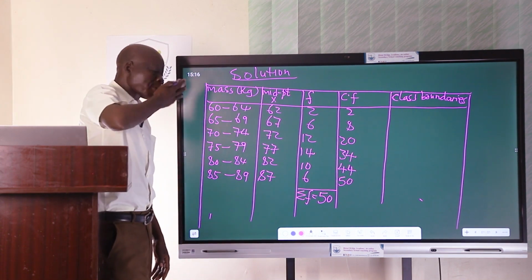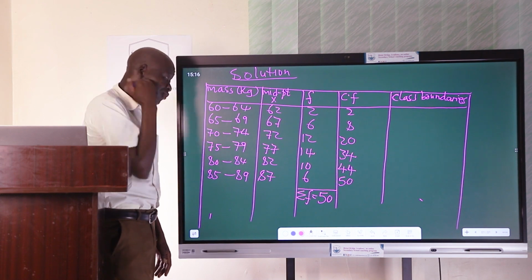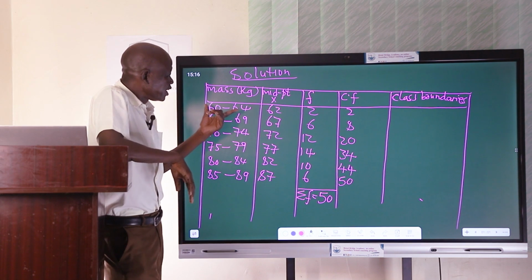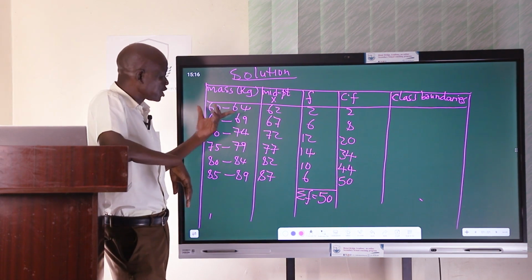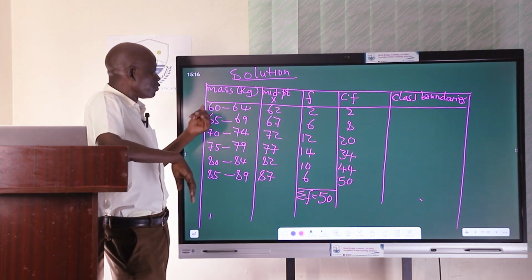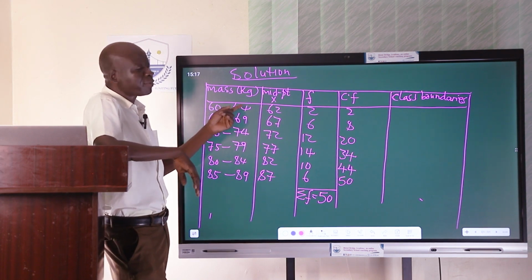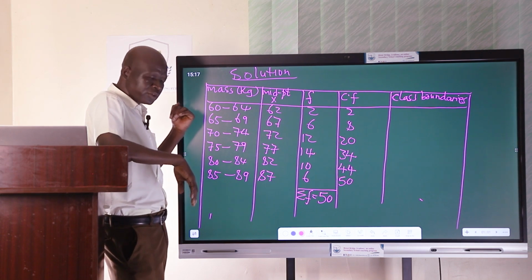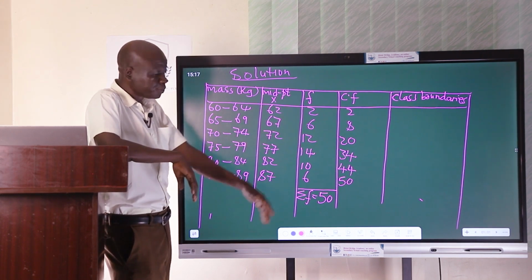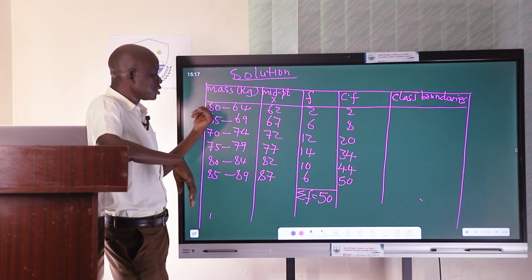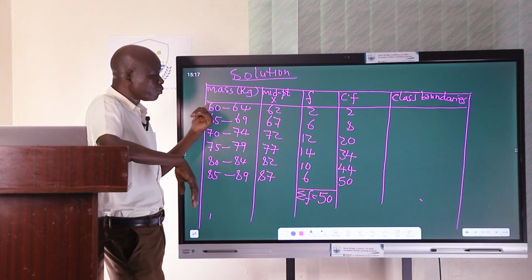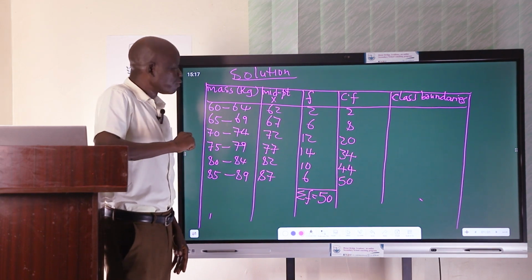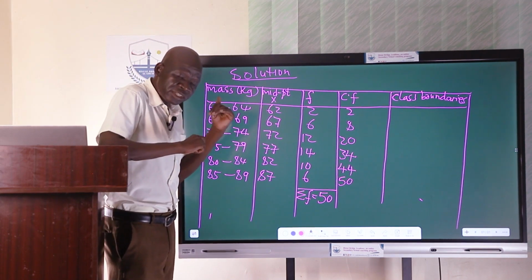The class boundary values are obtained from the class limits. These are classes. From the lower class limit and the upper class limit, we can obtain the lower class boundary value and the upper class boundary value. Lower class boundary is obtained by subtracting 0.5 from the lower class limit value.